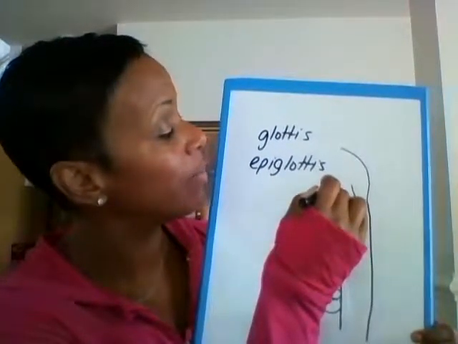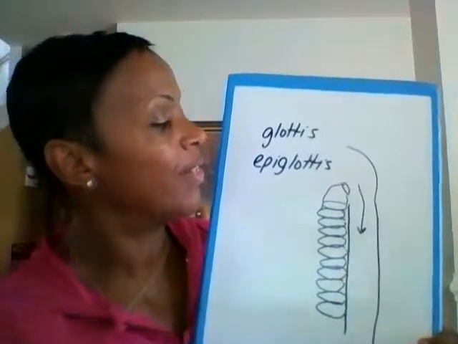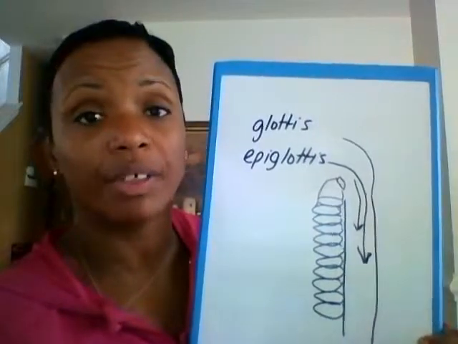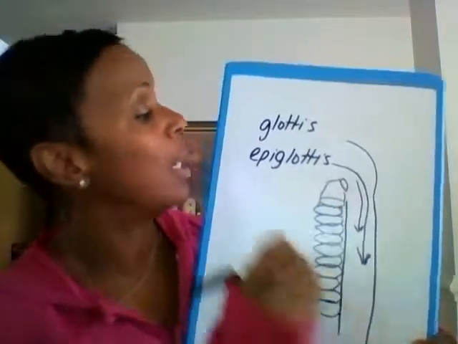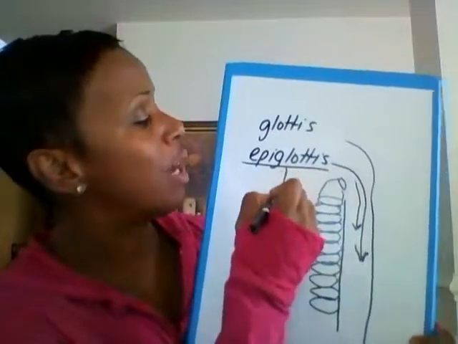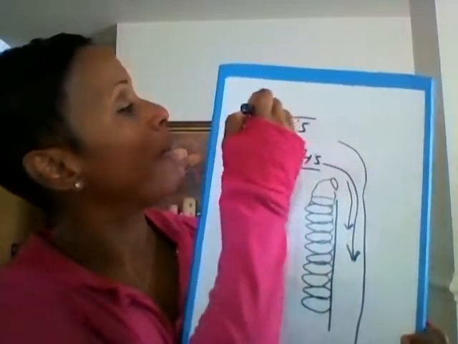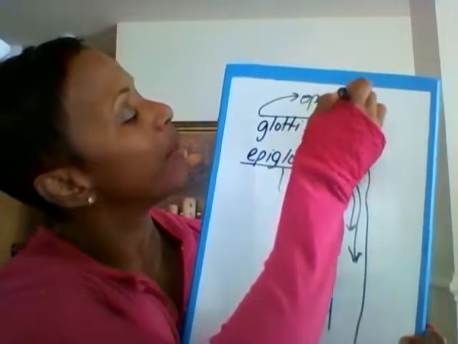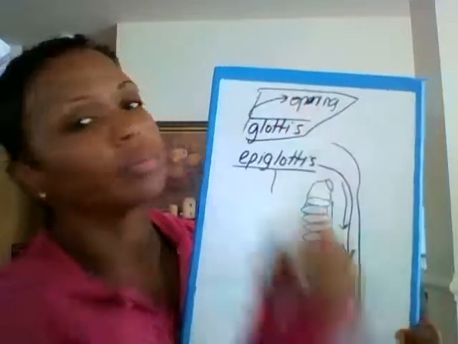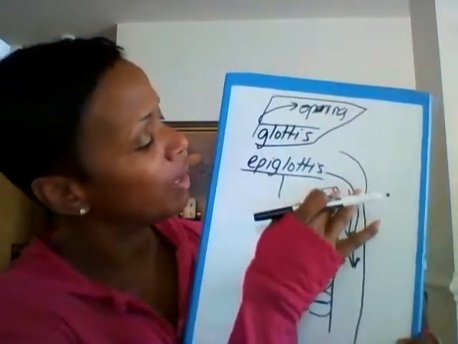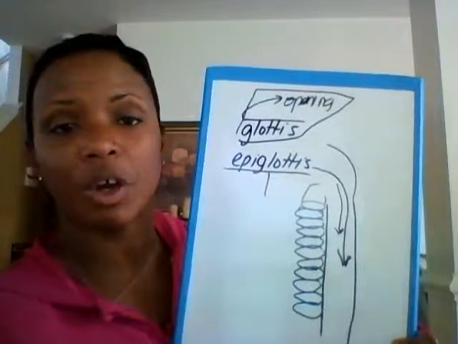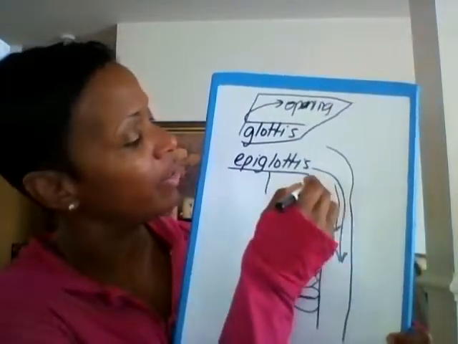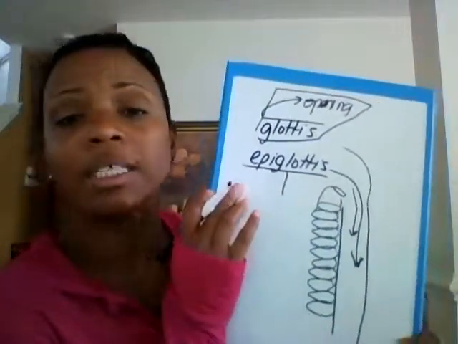There is a little flap to cover that area so that the food can be shunted down through the esophagus, which is the food tube. That's the way it's supposed to go. The opening is called the glottis. So that would be this area right here, the opening. That would be the glottis. The flap that's to cover the glottis is called the epiglottis.